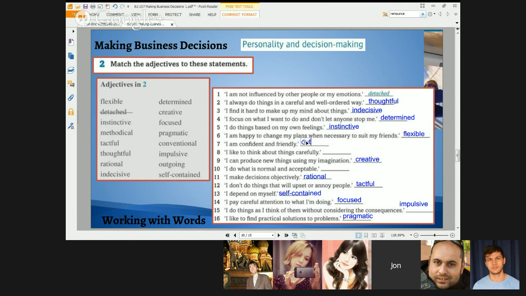Is it the same? No, easygoing is relaxed. Outgoing is extroverted. So the opposite of outgoing is shy. The opposite of easygoing is uptight, like someone who only has to follow the rules. So they're a little bit different.